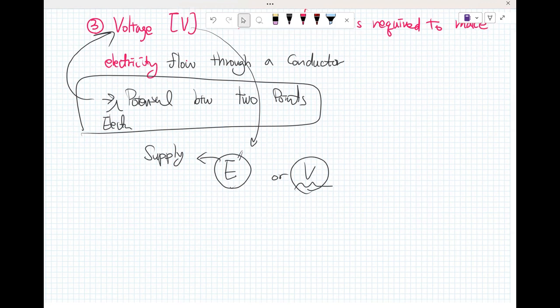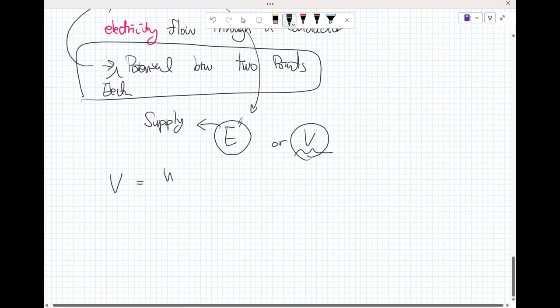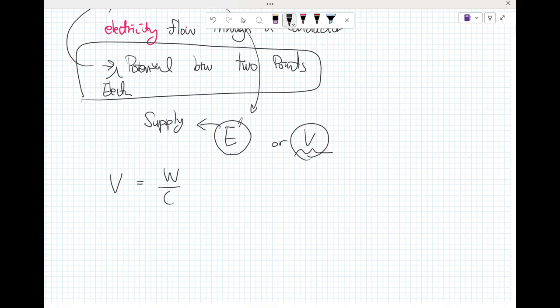It can be stated as follows: V equals W, joules, divided by Q, the electric charge. The unit is volts, where W is the energy in joules and Q is the charge in coulombs.